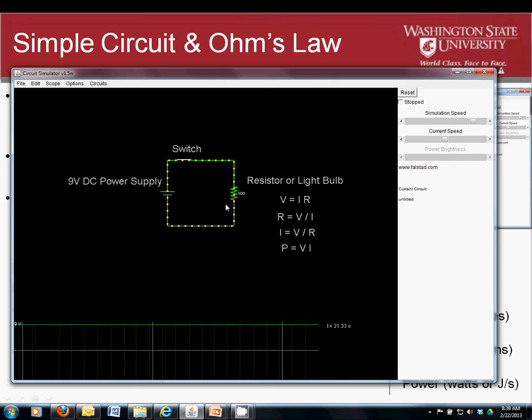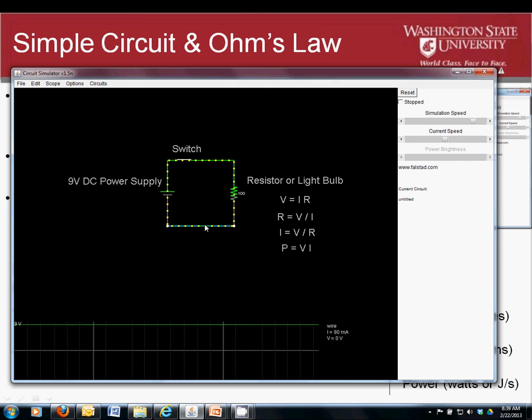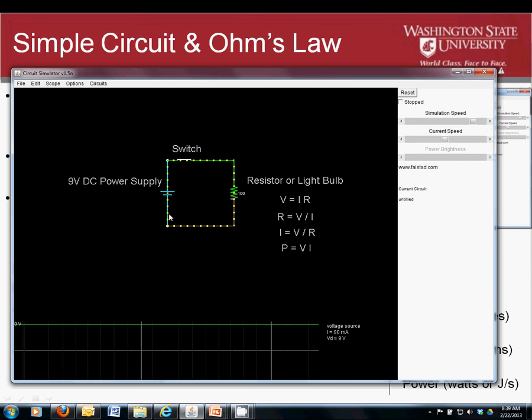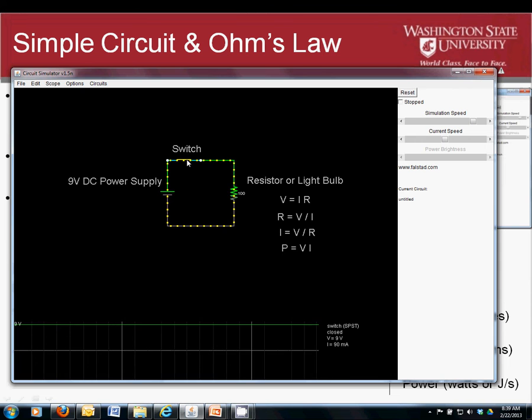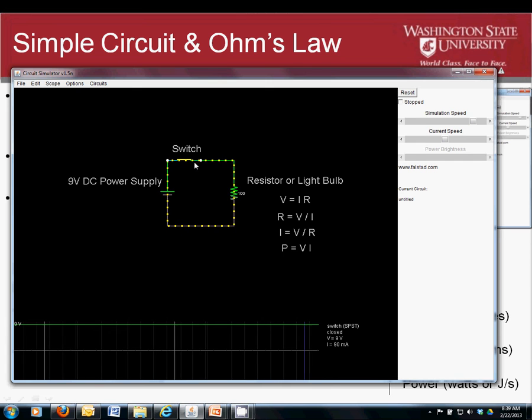So if we hover over the wire, it shows the current passing through it, and wires don't drop any voltage. And so you can see that the current is the same throughout each of the devices as I change the hover point. Here the voltage source is 9 volts, and the current delivered by it is 90 milliamps. The switch, of course, shows as closed, no voltage drop, and 90 milliamps.